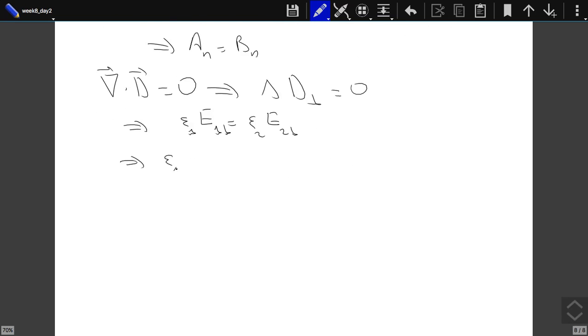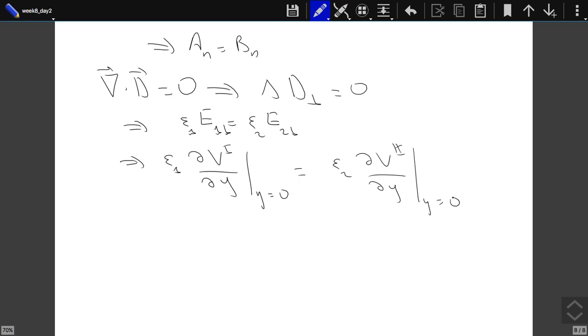This tells me that epsilon 1 times del V1 over del y, evaluated at y equal to 0, should be equal to epsilon 2 times del V2 over del y, evaluated at y equal to 0. Well, you see, these are continuous. Epsilon 1 E perps are not continuous, so there's a discontinuity, there's a bound charge.